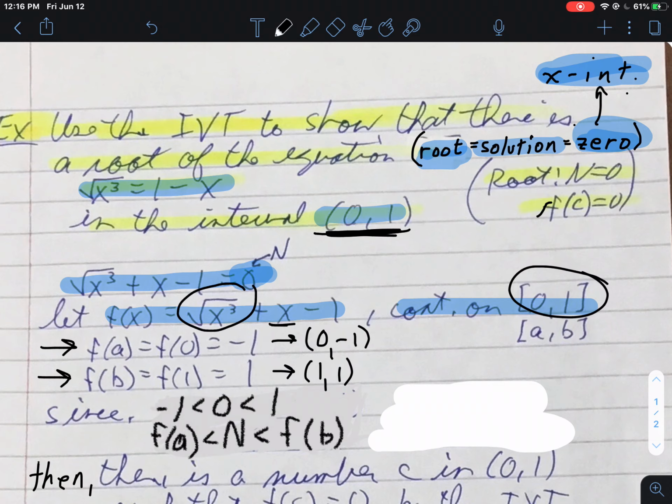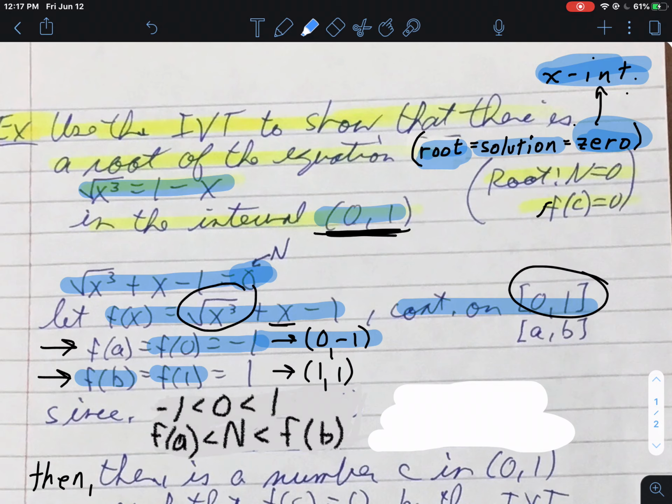F of 0, you plug that into that function, you've got 0 plus 0 minus 1, or negative 1. So f of 0 is negative 1, so that means on my graph I have a point at 0, negative 1. f of b, that's your right endpoint, which would be f of 1, the right endpoint of the interval. And if I plug 1 into that function, I've got 1 minus 1, which is 0.